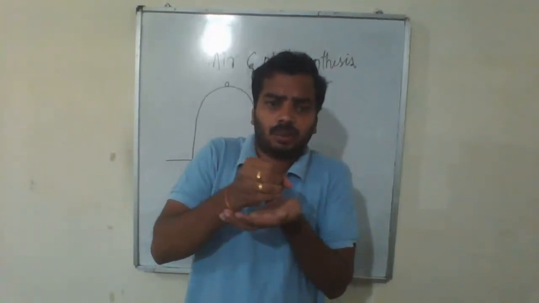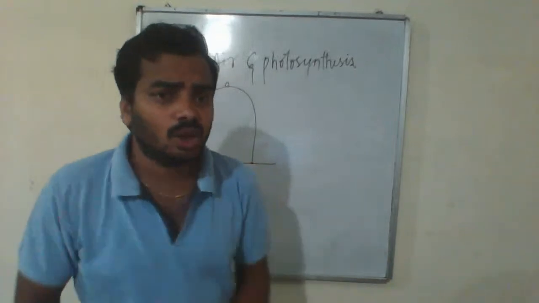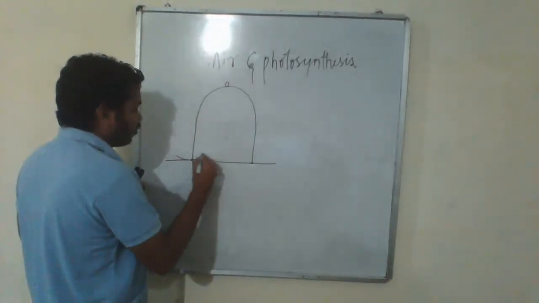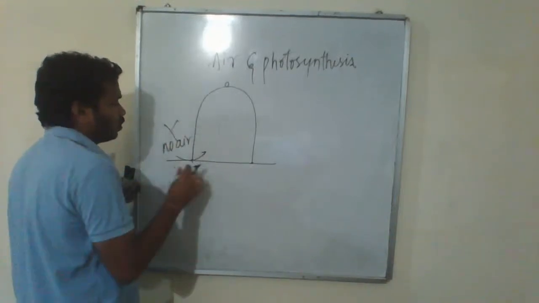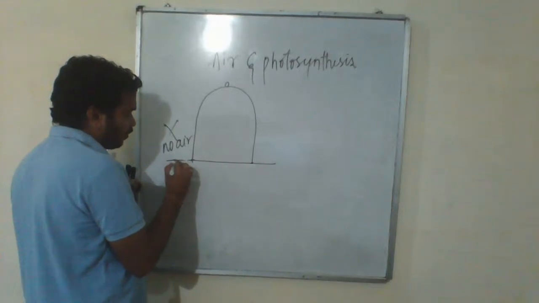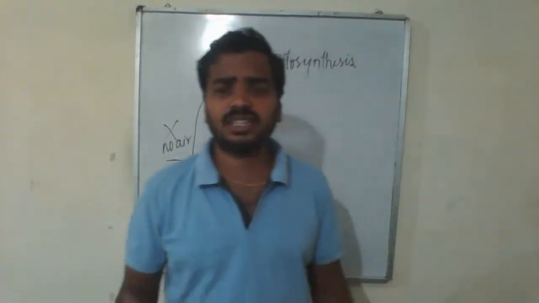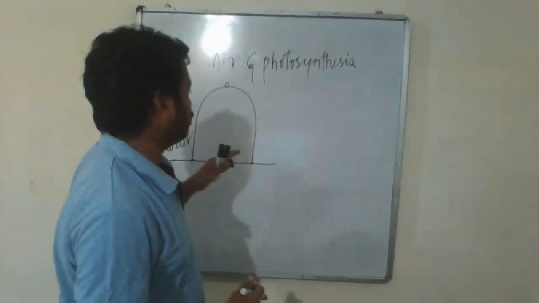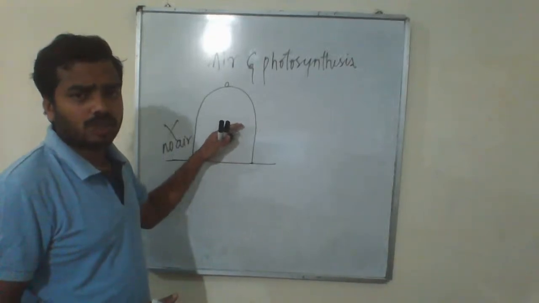This part would be sealed to the platform such that no air enters. Here, no air must enter, so that you can ensure that the results we are going to interpret from this must not be a false positive.